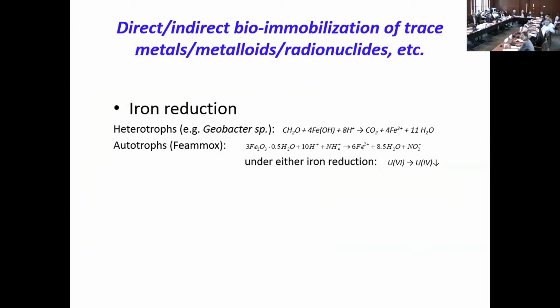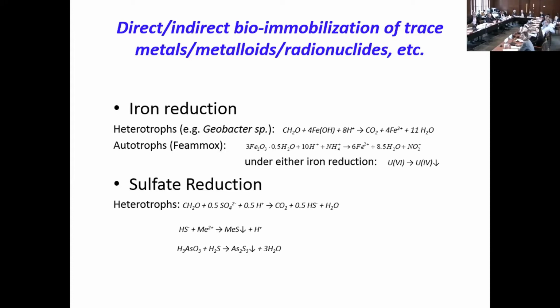We are working with a fairly newly discovered strain that actually is an autotroph that can oxidize amorphous iron with ammonium as the electron donor. And we have done the same experiments, and we can see that in a lithotrophic environment without the presence of organic carbon, we can also precipitate uranium 6 as uranium 4. We need ammonium and iron oxides in acidic conditions.